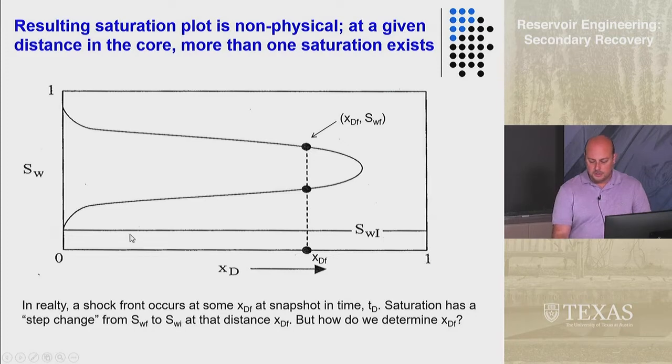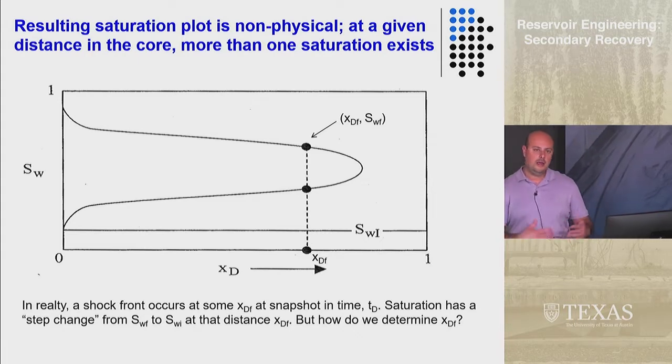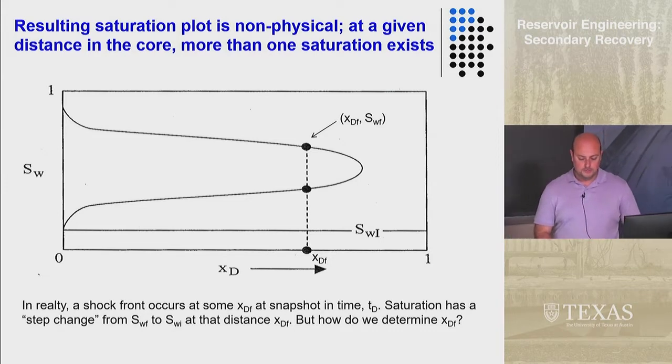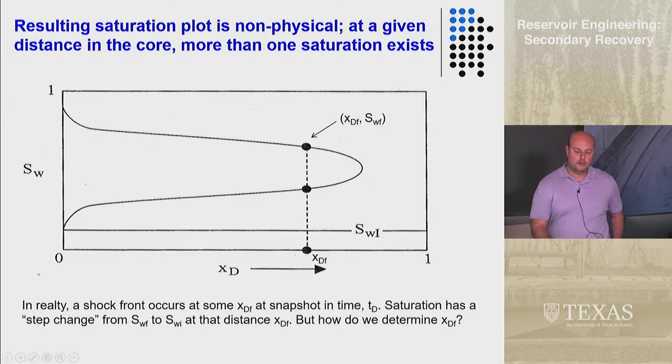And then of course you have an initial water saturation and you have this over here. So at the same distance you've got these 3 saturations. And that doesn't make much sense. Okay, you can't have more than 1 saturation at a particular location. So this is mathematically what we get, but physically that's not what we get.